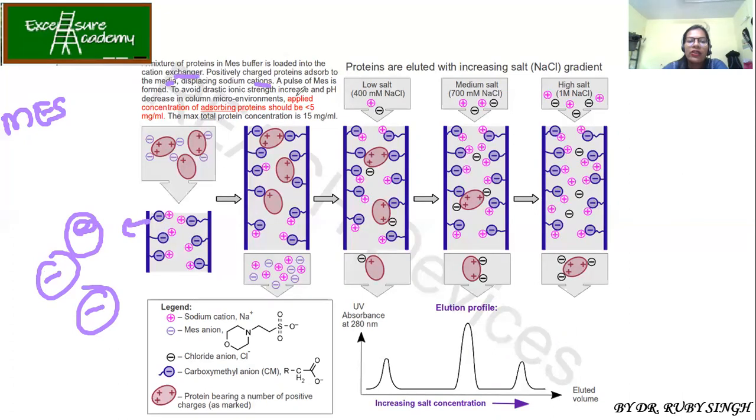To avoid drastic ionic strength increase and a pH decrease in column microenvironments, the concentration of adsorbing protein should be limited. What they're saying is, if you see the figure, we have got our carboxymethyl anion. This is your solid matrix. Then you have got the positive ions, cations, present.